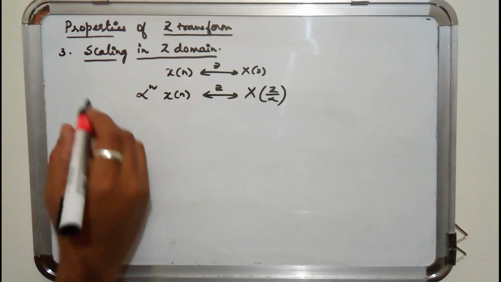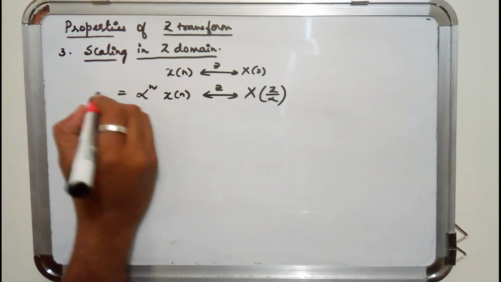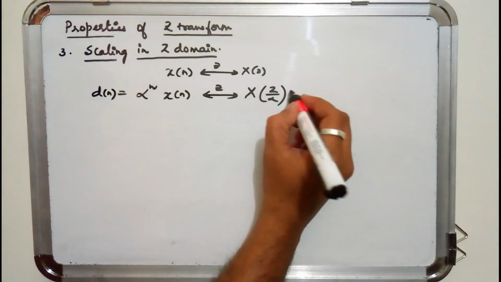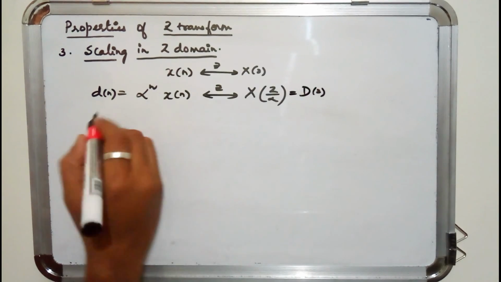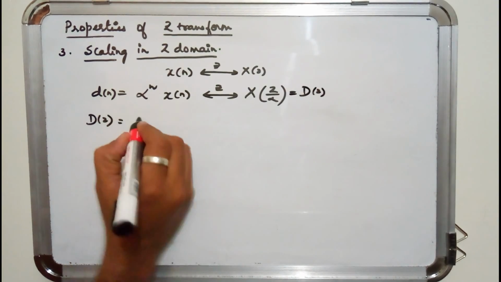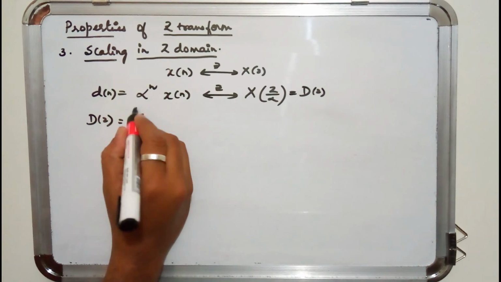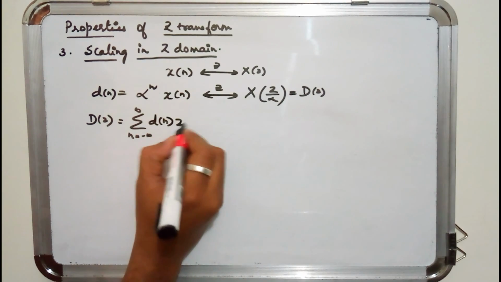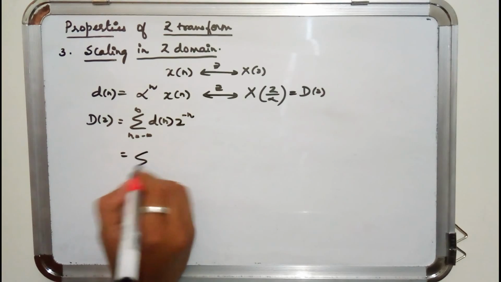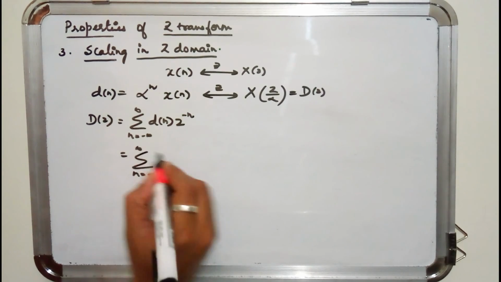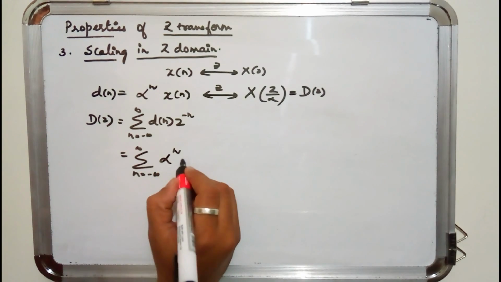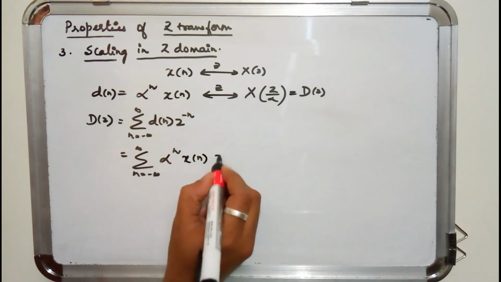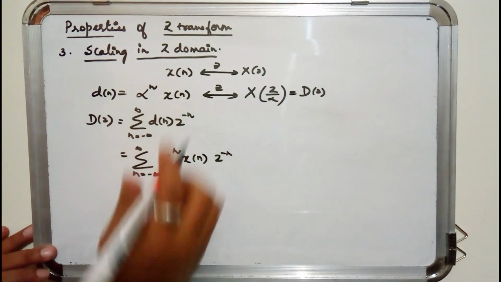Now I need to prove this. Now I'll take d of n as this and D of z as this. As usual, what is D of z? It is summation n equals minus infinity to infinity d of n z power minus n. So summation n equals minus infinity to infinity alpha power n x of n z power minus n, because d of n is alpha power n x of n.